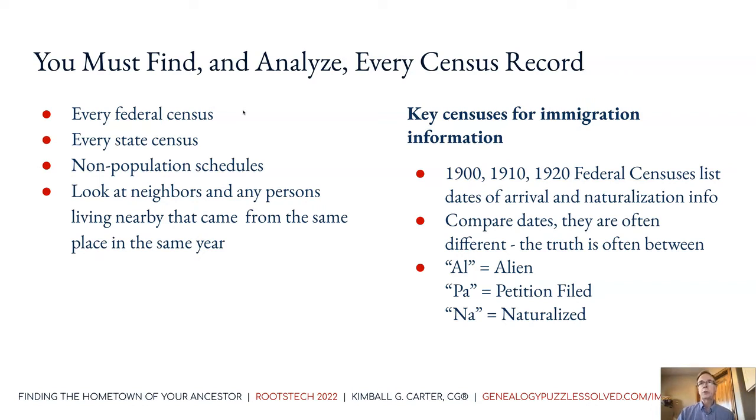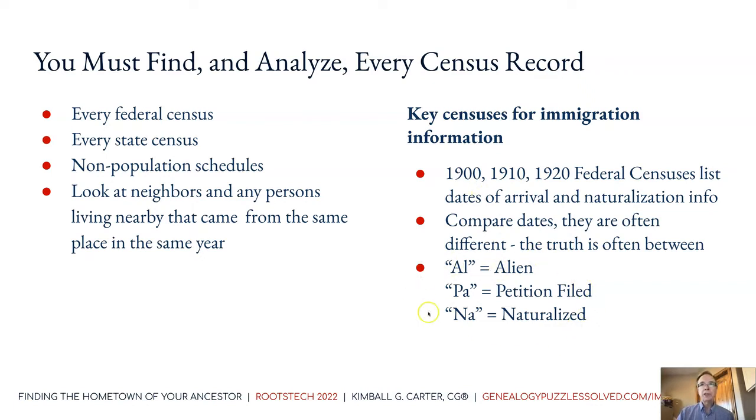Key censuses for immigration information are the 1900, 1910, 1920, and actually 1930 federal censuses. They list the dates of arrival and naturalization information. You want to compare the dates of arrival. They're often different. The truth is somewhere between those dates usually.